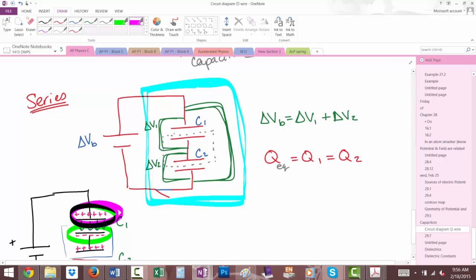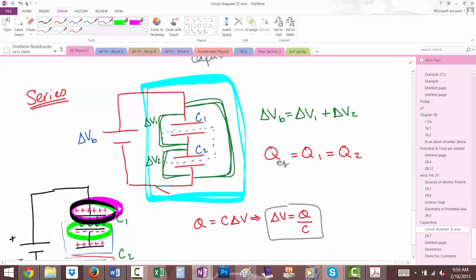Thank you. All right. So Teresa's favorite equation is that Q equals C delta V, right? I'm just going to solve that for V. So delta V equals Q over C. And I'm going to take that expression and take this addition and put them together.